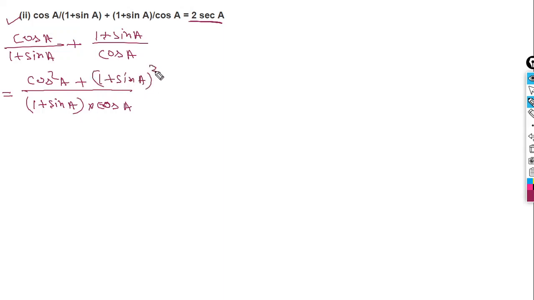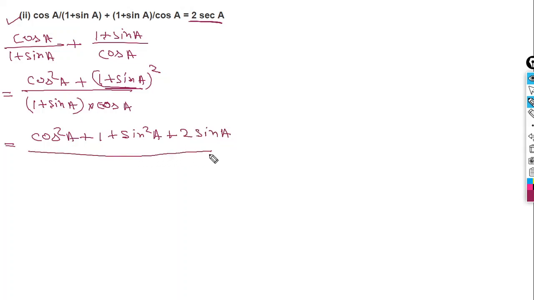Now we use the formula (a plus b) whole square, which is a square plus b square plus 2ab. So 1 plus sin square A plus 2 sin A, divided by (1 plus sin A) into cos A in the denominator, which we keep as it is.